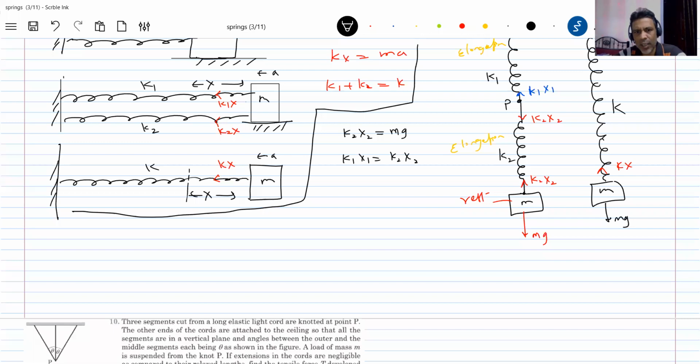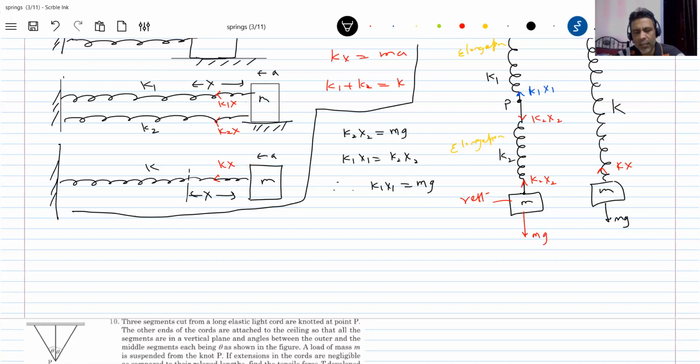Then what is the total elongation? It is equal to the sum of elongation in individual springs. Then this is mg by k. With this, in place of x1, what you can write? I'll write one more. Therefore, even k1 x1 shall I write equal to mg?